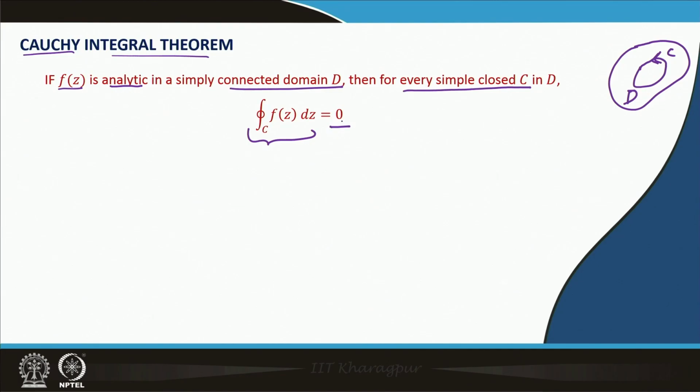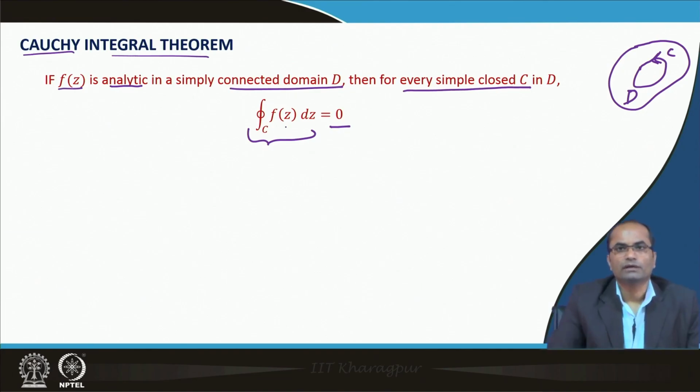We have basically also seen such integral in the previous lecture when we discussed that if f z is analytic in a domain D, then it has its antiderivative or primitive, so that the value of this integral does not depend on the path, but depends on the initial and the final point.